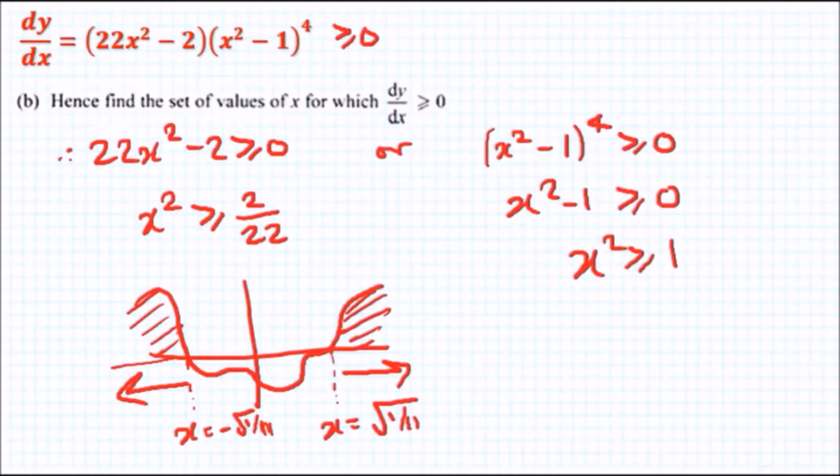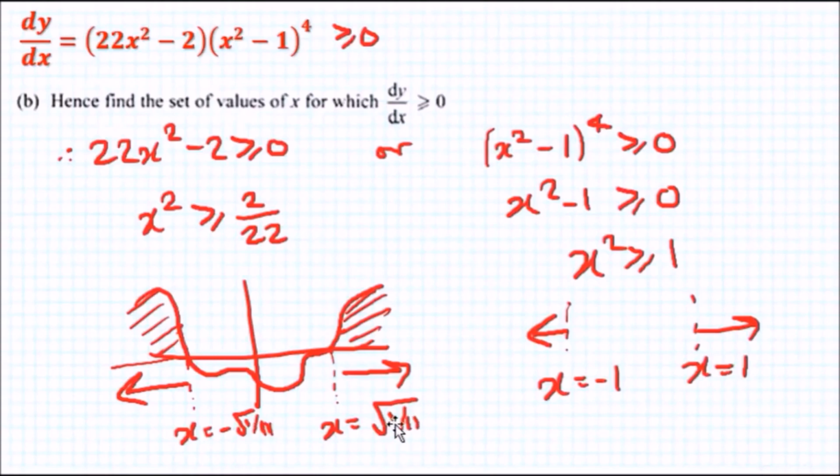Same rules apply, except now on the left hand side we accept values less than minus 1, square root this one is 1, and on the right side we accept values greater than positive 1. However, these surds are smaller than this one, so in fact the minus 1 and 1 are included in the g(x) part.